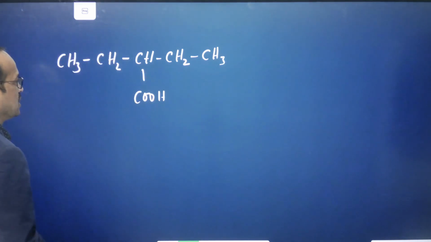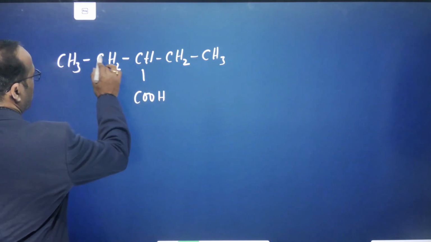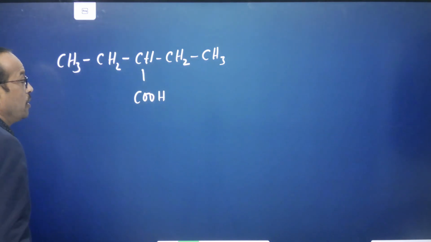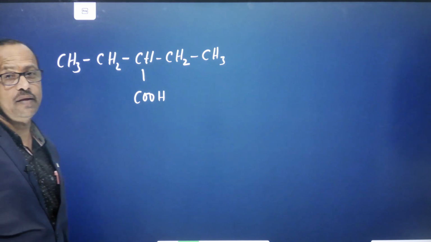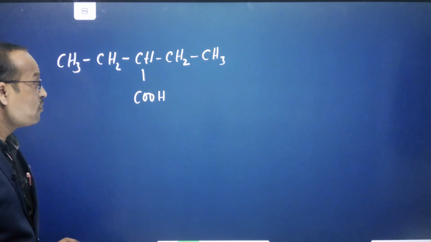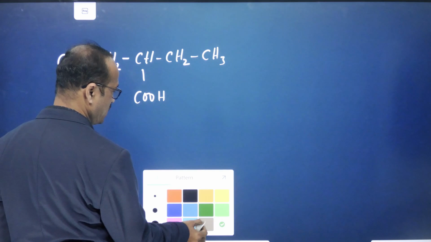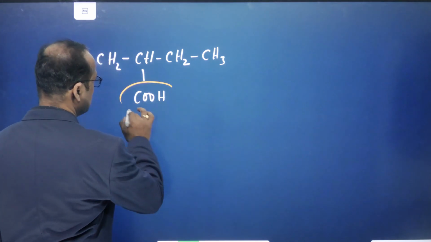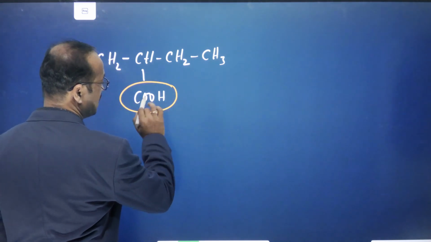Here also it is the same, students. This chain consists of 1, 2, 3, 4, 5 carbons. But in these five, is there any functional group? No. Where is the functional group? Here it is: COOH. This is carboxylic acid.